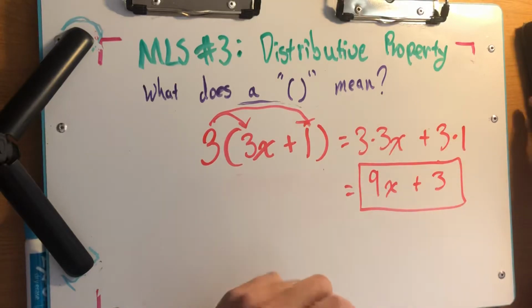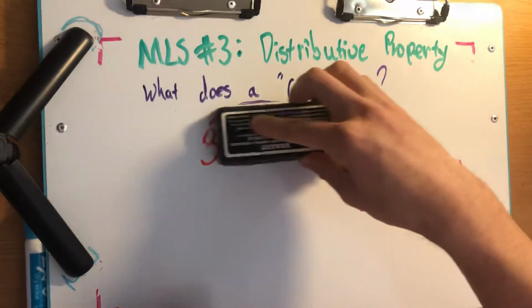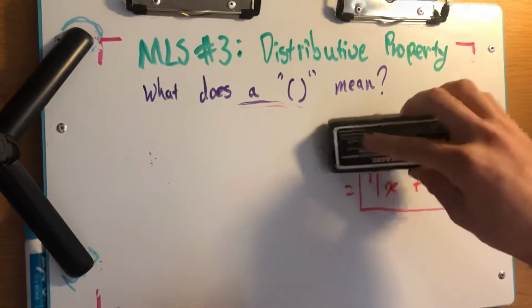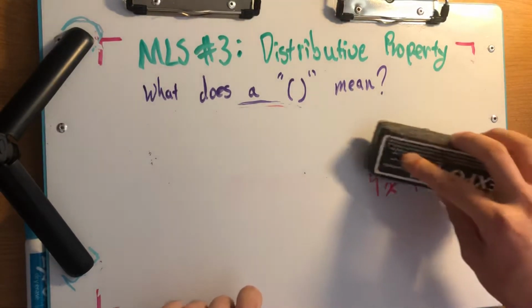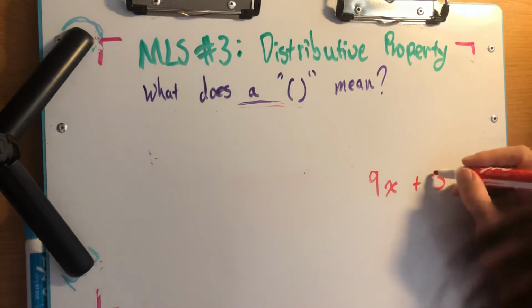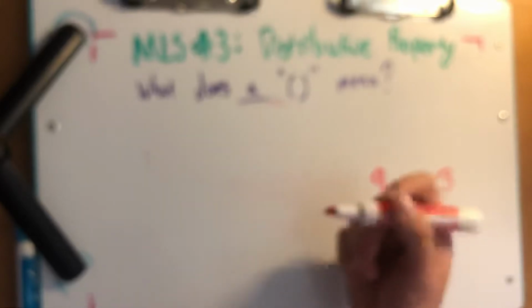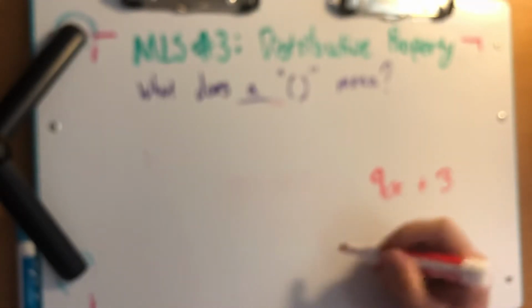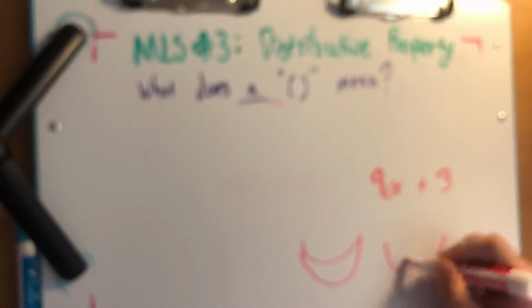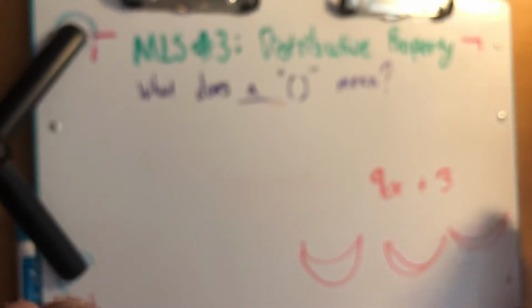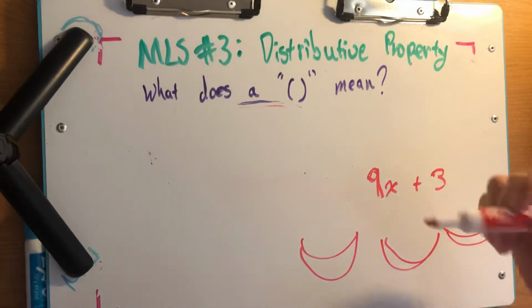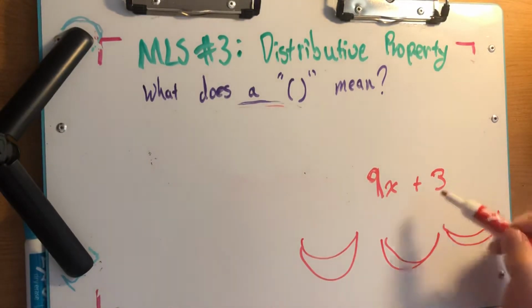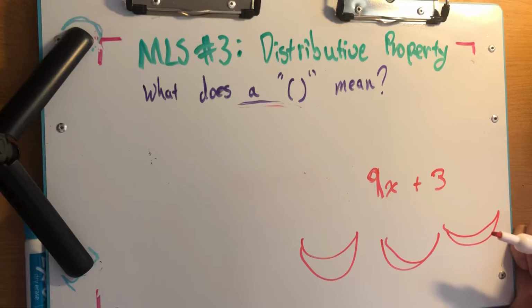But what if? Let's erase that first problem. These are our totals, right? We have our 9x plus 3. What if I got 3 baskets, and I want to put those things somewhere, but I want to distribute it evenly?